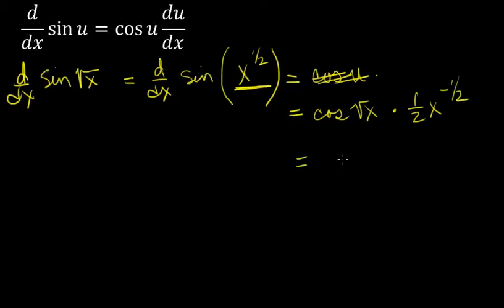So we could simplify this and write it as 1 over 2 times the square root of x times the cosine of the square root of x.